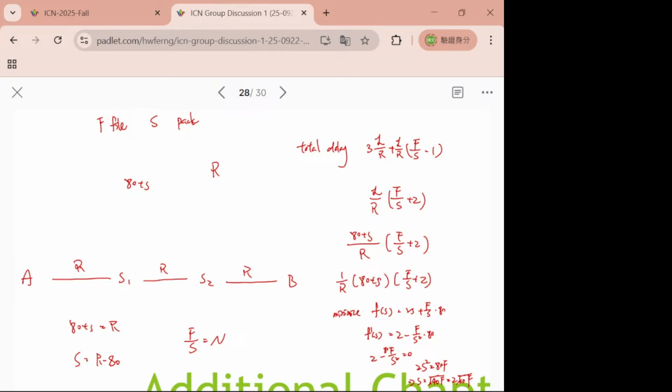So we need to find a critical point, find the first derivative of the formula, and solve it. When the derivative is 0, the s is 2 square root 10f. So we know the s that makes the total delay minimal. Okay, that's it. All right, thank you. Good.